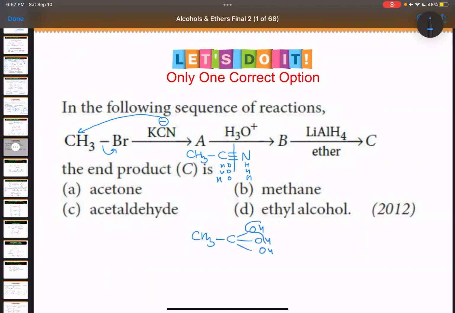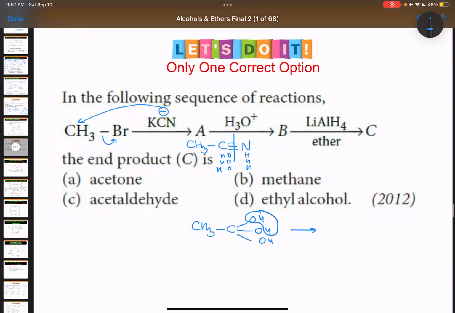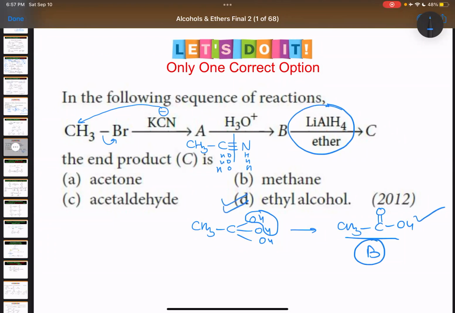You remove water out of it because 2 or more than 2 OH groups on one carbon are unstable. So you get CH3COOH. That is going to be the structure of B. And when you take it to LiAlH4, this is going to get reduced to ethyl alcohol. So D is the right answer.